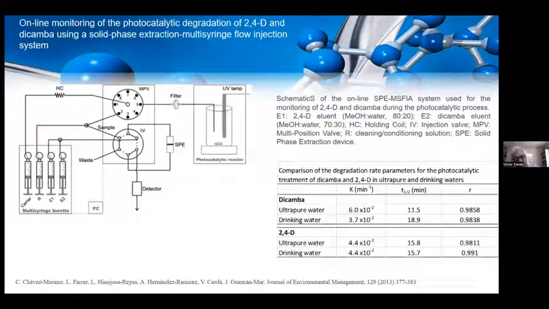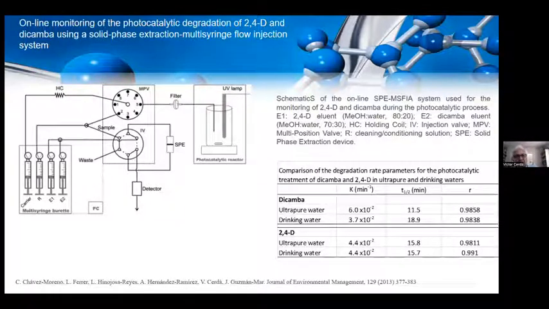This process can be used, for example, in the photodegradation of some pesticides. You can introduce the solution of the pesticide, which is irradiated with a UV lamp, then from time to time, controlled by the computer, you can take a small portion of the sample and send this to the detector. The great advantage of using the flow system is you pick very small quantities of sample, of the order of microliters.